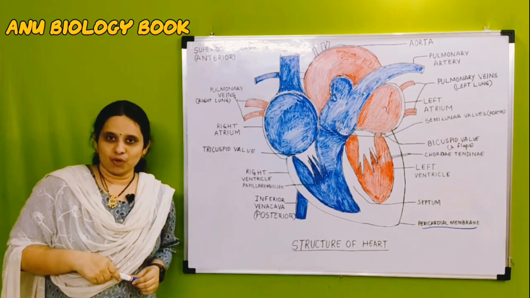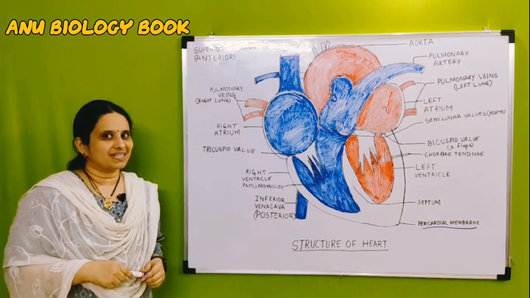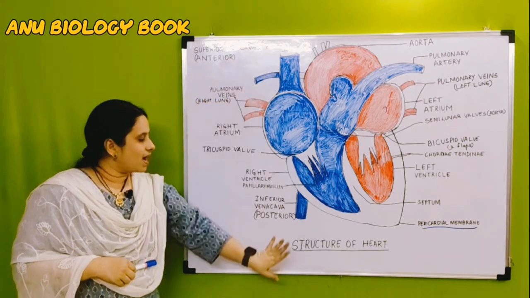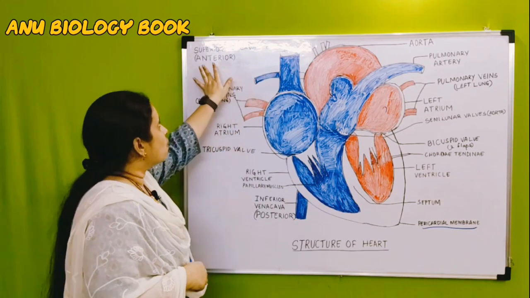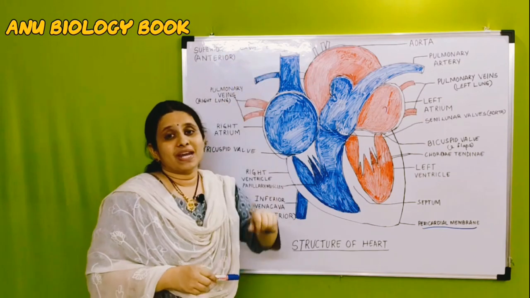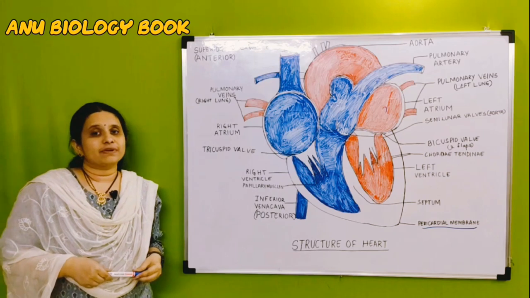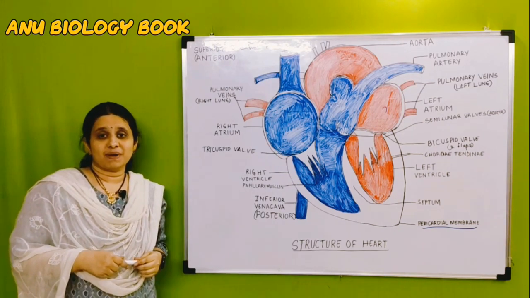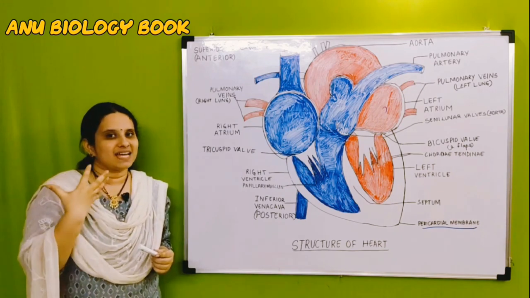Apart from pulmonary veins, there are some more important veins we are going to study. Those veins are nothing but superior vena cava and inferior vena cava. Superior vena cava is also called the anterior vena cava because, as all the veins bring deoxygenated blood from all the body parts, this superior vena cava brings deoxygenated blood from the upper body parts like the chest, neck and the head region.